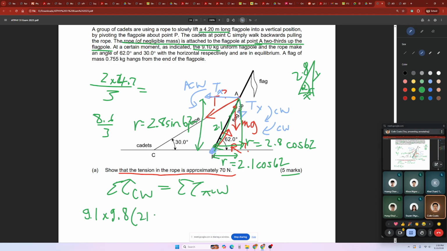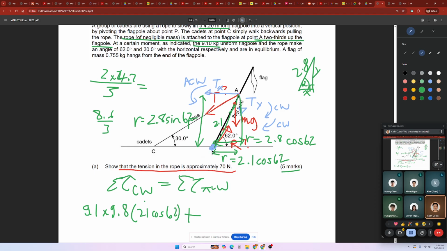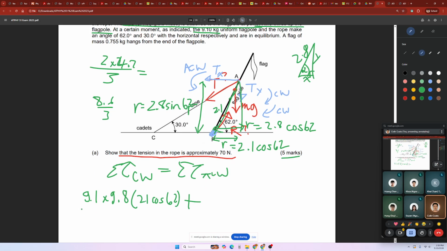I don't recommend doing the calculations separately and then putting them in here, because it's going to take time and you're going to have to write it again and again. Better just to put it into one equation. So we have the clockwise moments: force times the distance of the flagpole itself, and now the Ty is what we want to find, right?